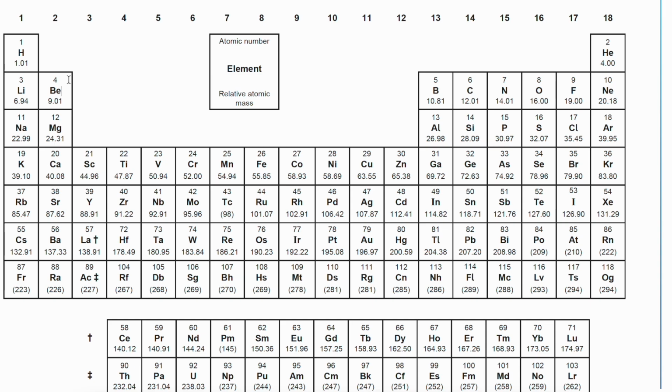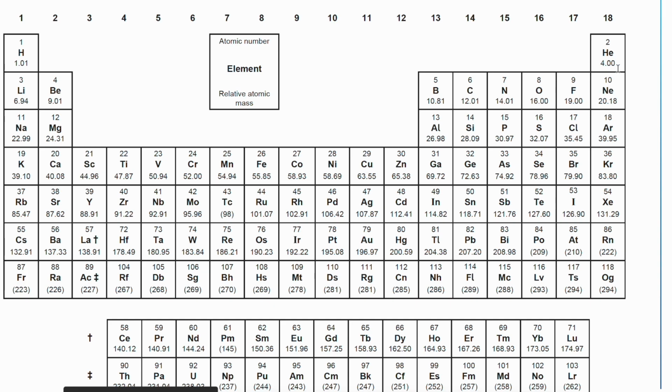So for now, in period 2, they have the same number of shells because all of them are in the second period. But the number of electrons increases because the number of protons increases, and the influence comes from the number of protons and the charge. So the number of protons here is 3, here is 4, 5, 6 until 10.